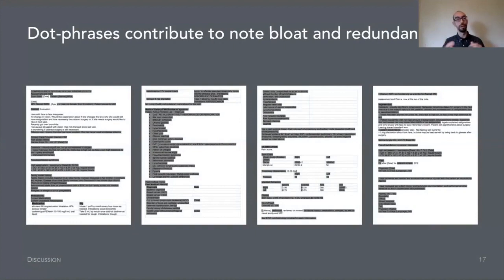If so much of the note, up to 70% in our particular context, is being generated by these dot phrases and templates, maybe when we're trying to address note bloat and note redundancy, we should be looking at the design of those phrases and coaching administrators and providers on phrase design, note template design, while still giving them the tools and power to customize and localize those templates for their particular clinic.